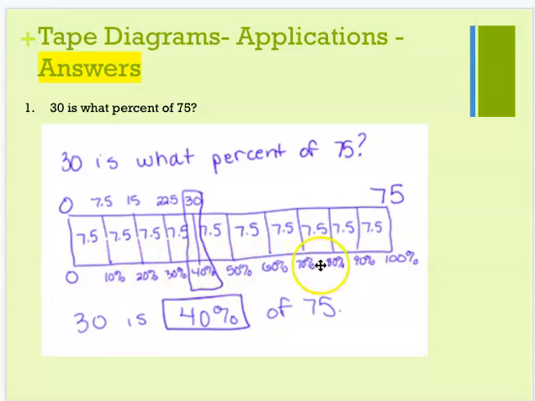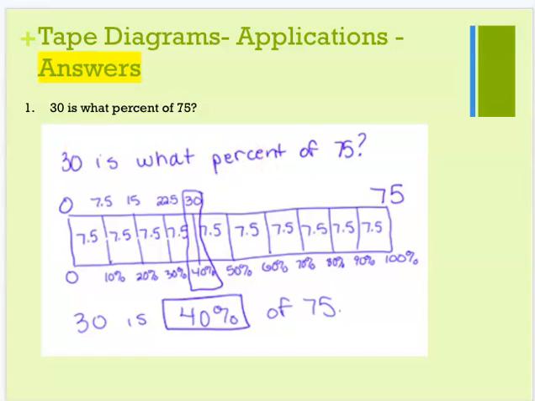So if I split it into 10 equal sections, then 10% of 75 would be 7 and 5/10. So I labeled each box 7 and 5/10, and then I just counted on the top with a number line. So 7 and 5/10, then 15, then 22.5, and then I got up to 30. And then I knew that 30 was equivalent to 40% on my tape diagram.